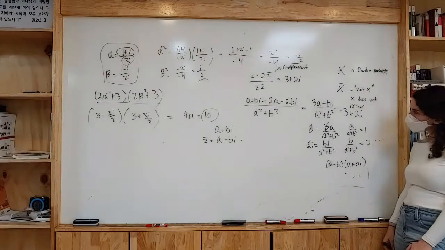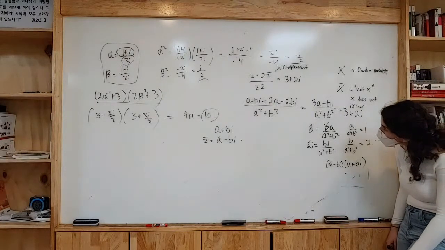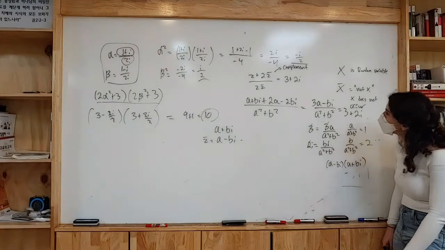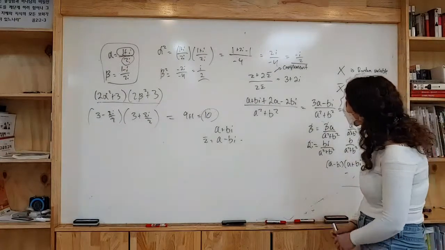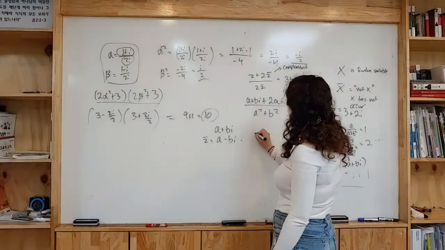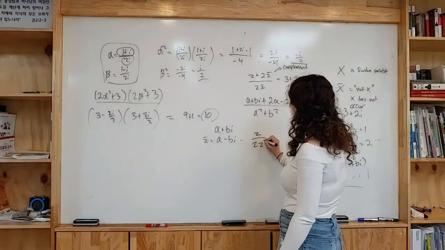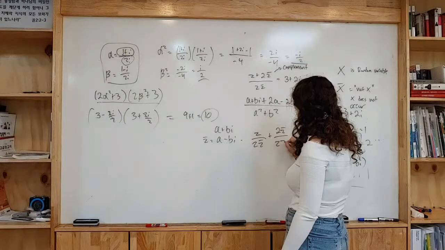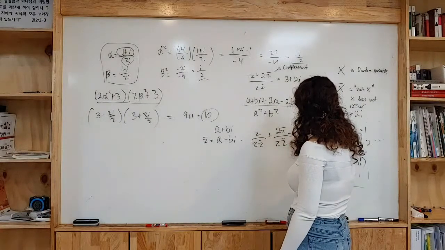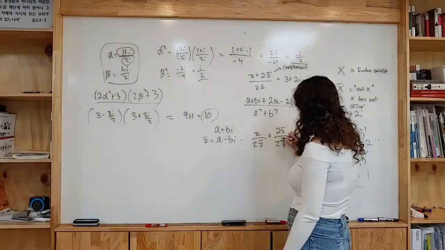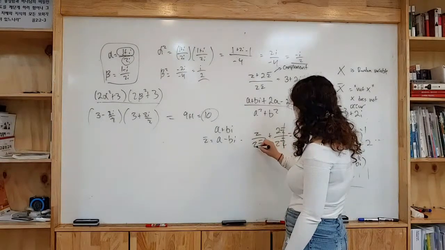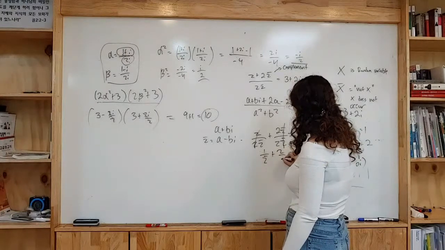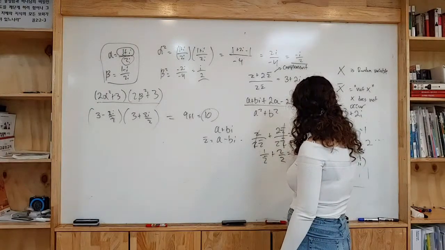I don't know how they want to do it. Well, okay, this is z over z complement plus 2z complement over z complement equals 3 plus 2i. Well, you get rid of this. 1 over z complement plus 2 over z equals 3 plus 2i.